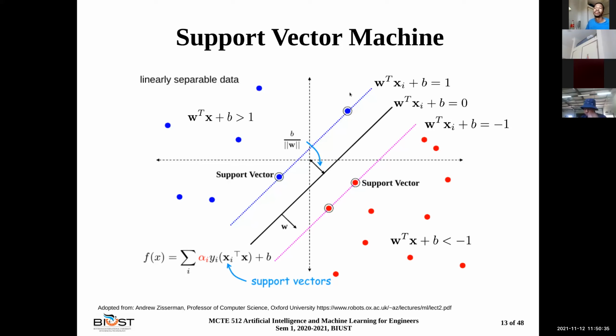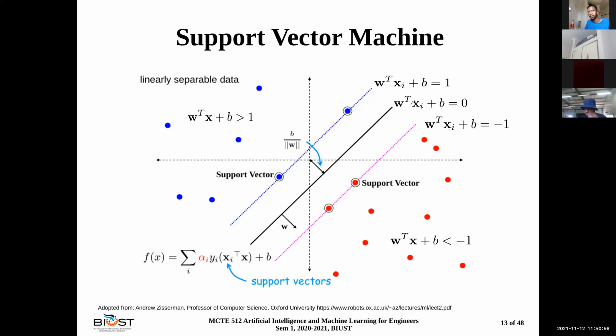The function is linear, that is W transpose times xi plus b. This is the function that we are always looking at. We can combine W and b together, but in this case, let's look at it separately.